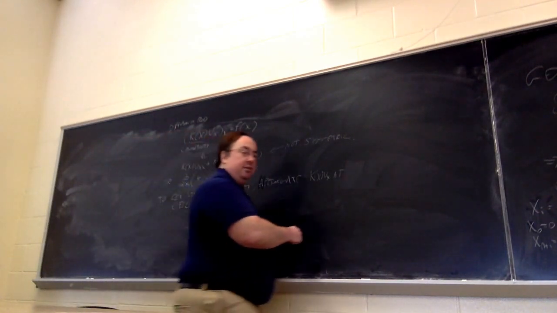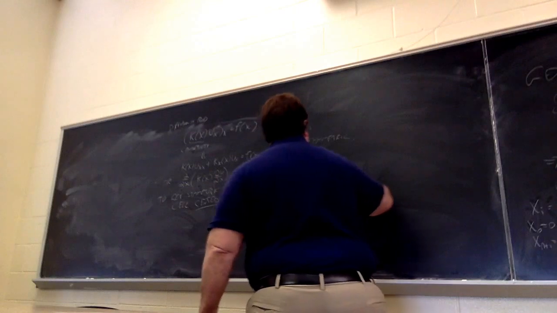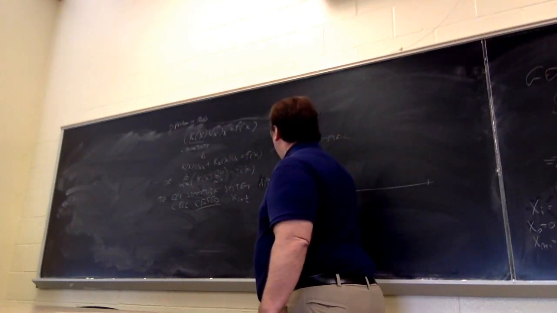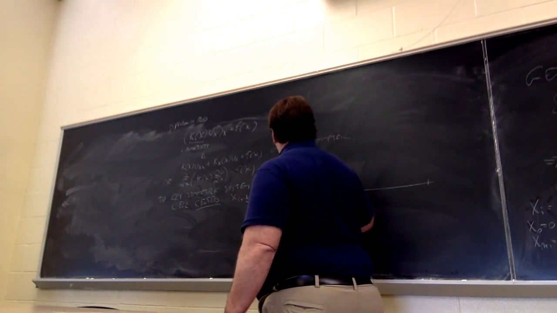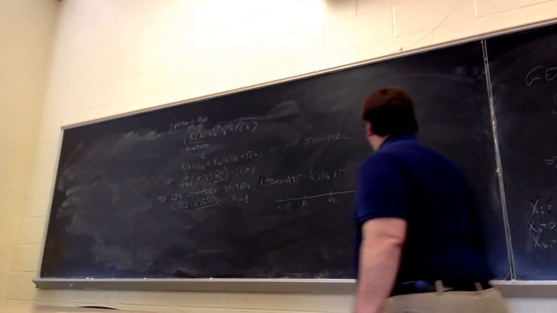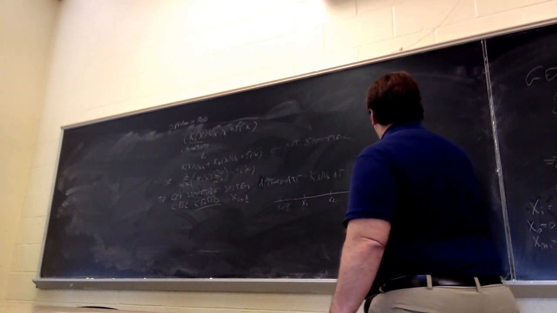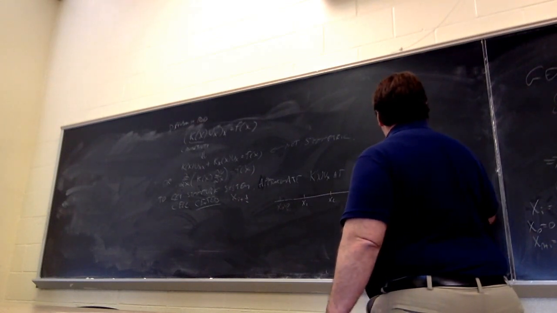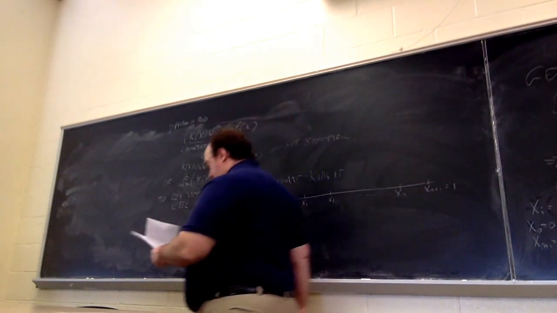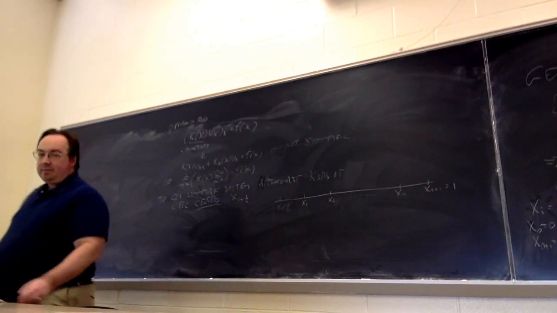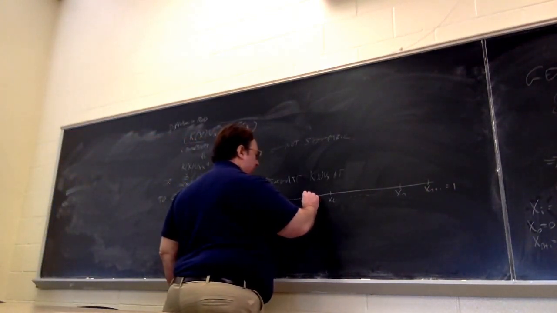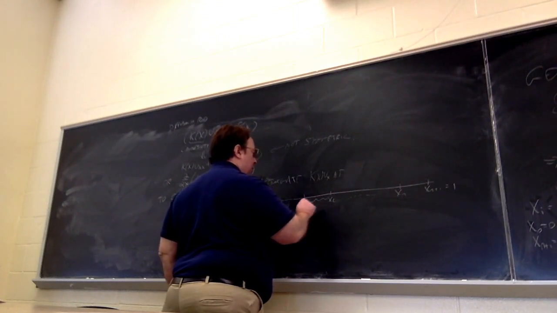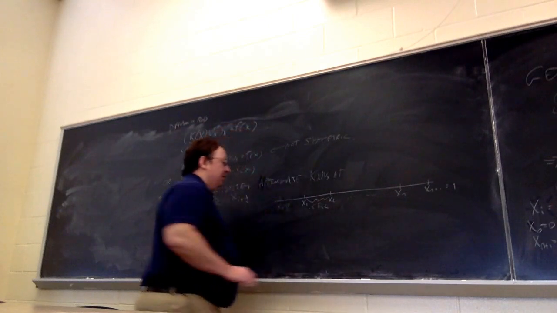What I mean by that is, for our interval, we're using the same kind of uniform grid as before, and this interval between two neighboring grid points, refer to it as a cell.